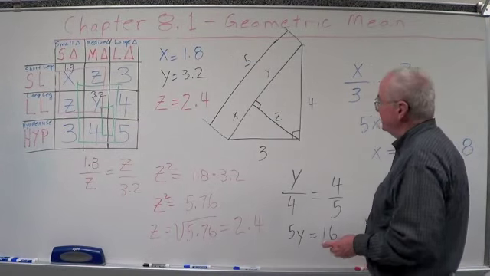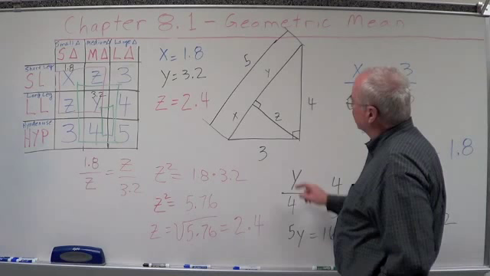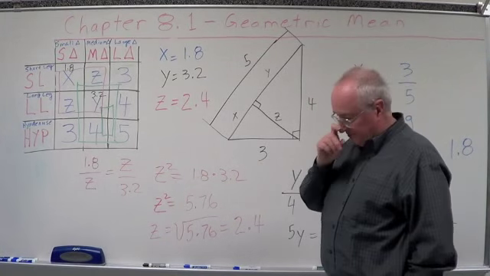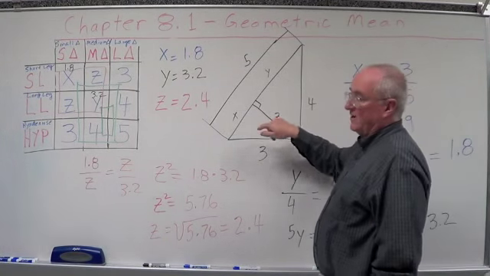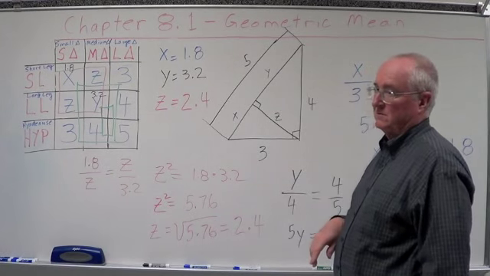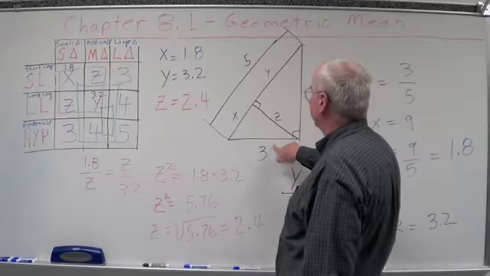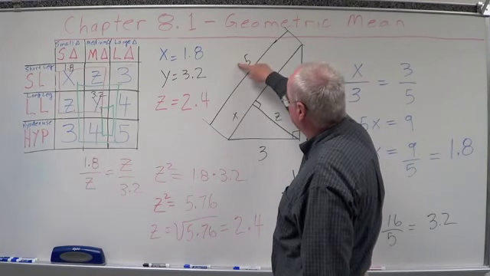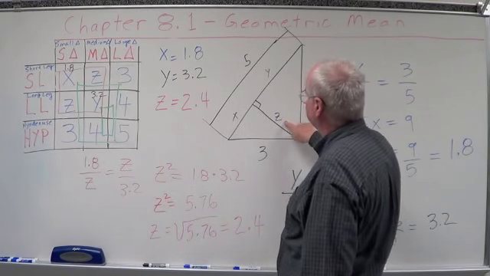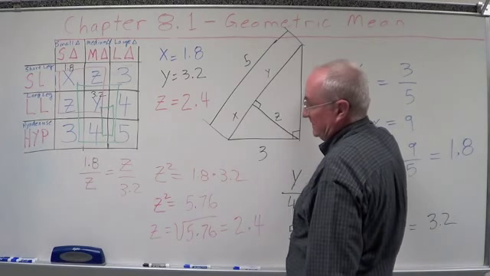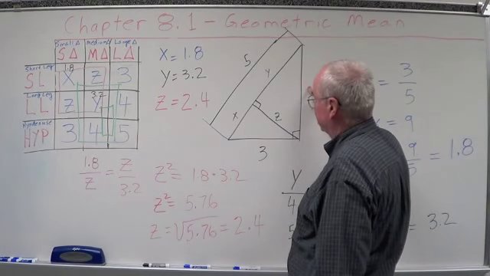Now, are there other ways you can do this? Yeah. This is a 3, 4, 5 triangle. That means every one of these triangles is a 3, 4, 5 triangle. Okay, so this hypotenuse here is to this hypotenuse as this is to this.